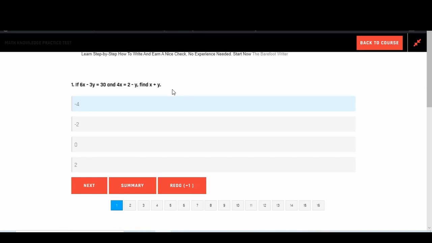Question 1 says if 6x minus 3y equals 30 and 4x equals 2 minus y, find x plus y. At first glance, this looks like a difficult problem, and it is. Let me write this off to the side so we have some room to work. We have 6x minus 3y equals 30.